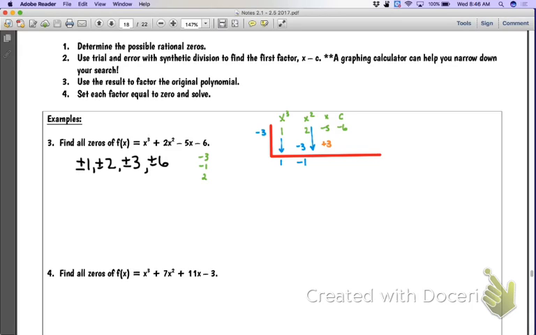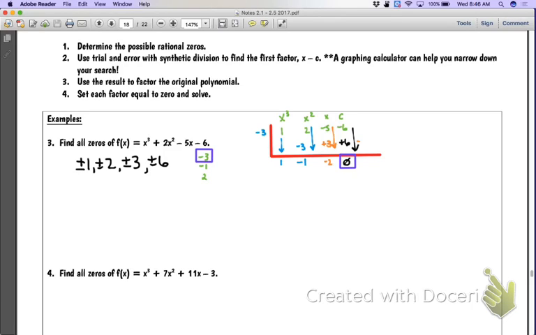Straight down gives me a -2. -3 times -2 gives me a +6. I end up with a 0. This is a good thing. So -3 is a zero. That's good.